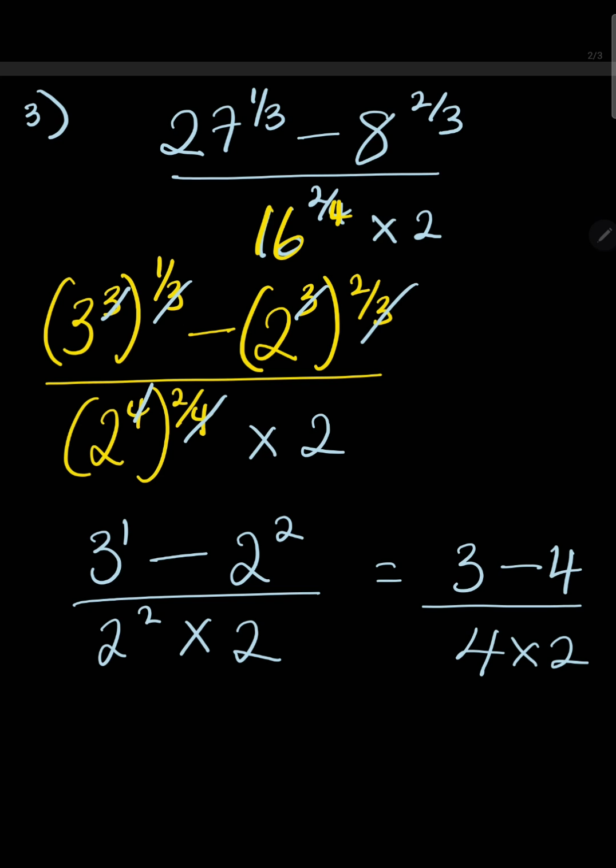And 3 minus 4 is equal to negative 1 over 4 times 2 will give us what? 8. So the right solution to this is equal to negative 1 over 8. And that's the real solution, negative 1 over 8.